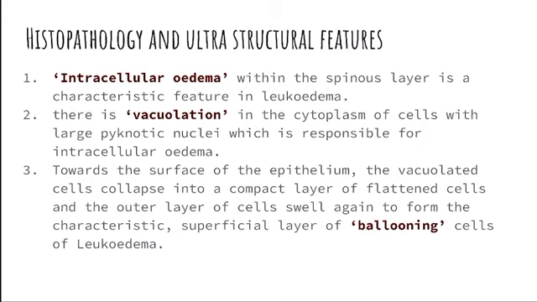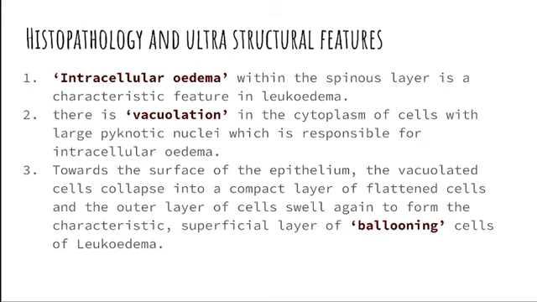Then as we see, towards the surface of the epithelium, the vacuolated cells collapse into a compact layer of flattened cells, and the outer layer of cells swell again to form the characteristic superficial layer of ballooning cells of leukoedema.